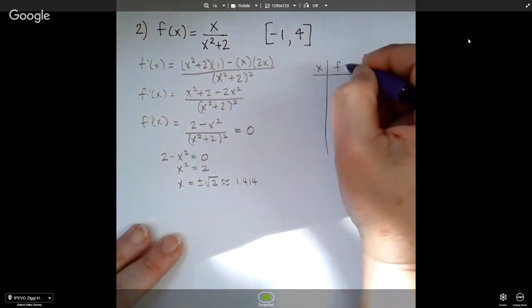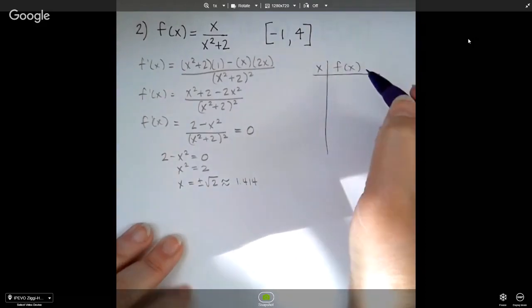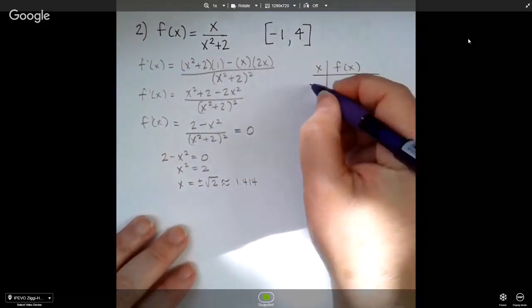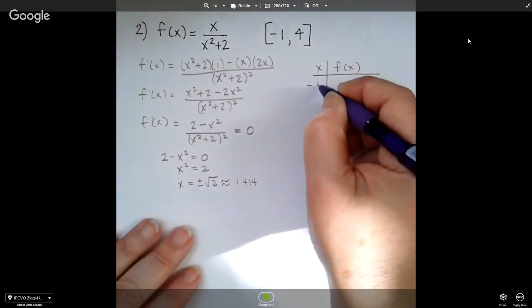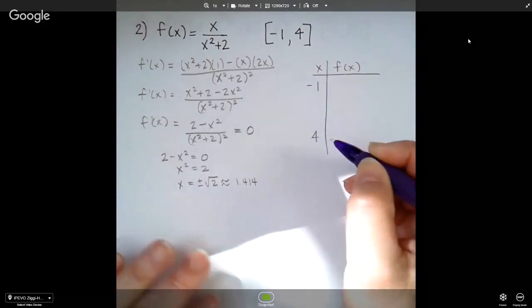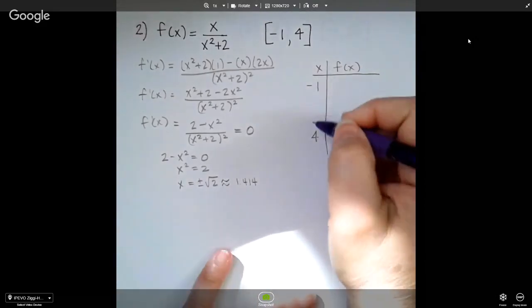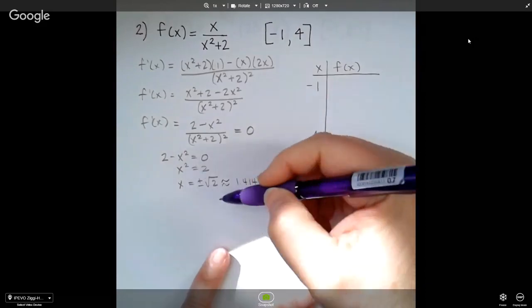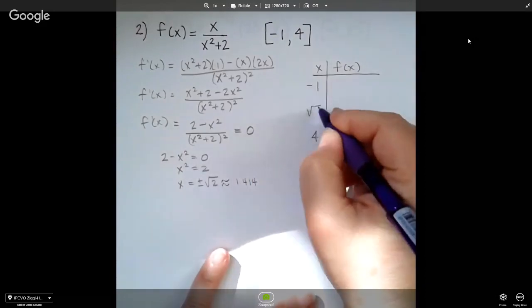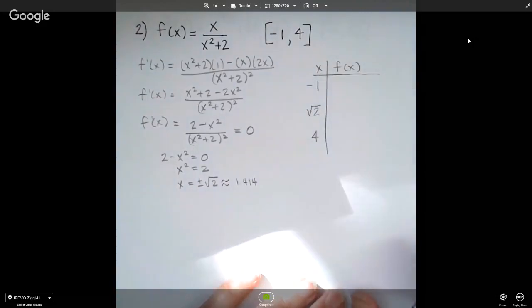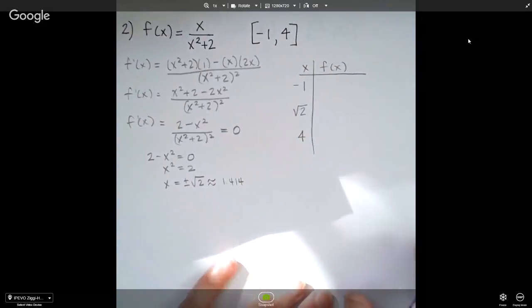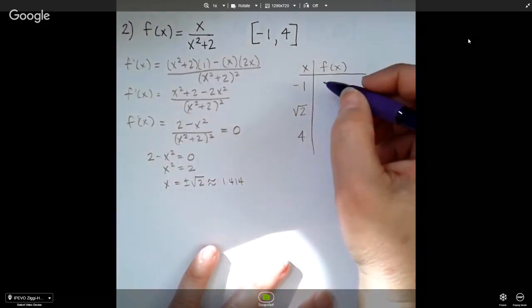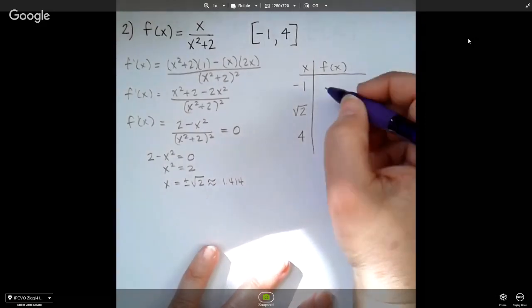An f of x chart. So what do we put on this chart? Well, we're going to put our endpoints, which are -1 and 4. And then we're going to put any critical points that are in the middle of the interval here. And so x equals root 2 is going to go in the middle. And now we're going to find the y values for these x values.